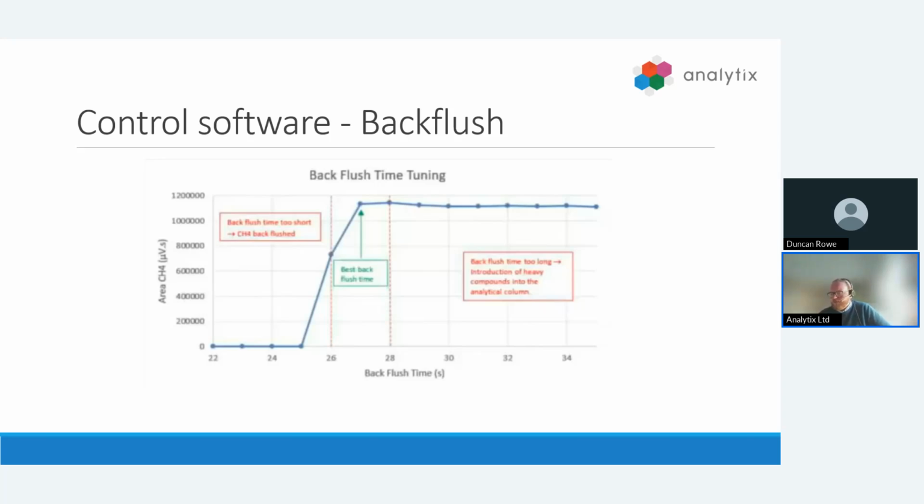You see before 25 seconds we aren't seeing a methane peak, and then after 25 seconds we start to see a methane peak develop. And at 27 seconds, the area of that peak has reached its maximum, so we're not going to be seeing any more methane as we keep pumping sample into the flow path.